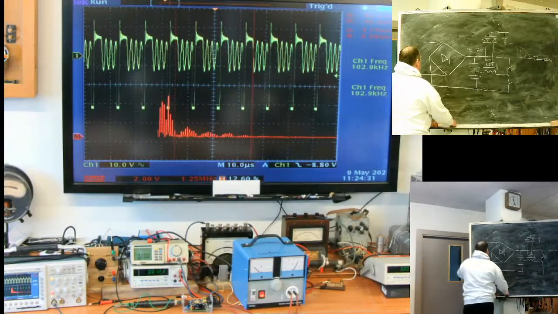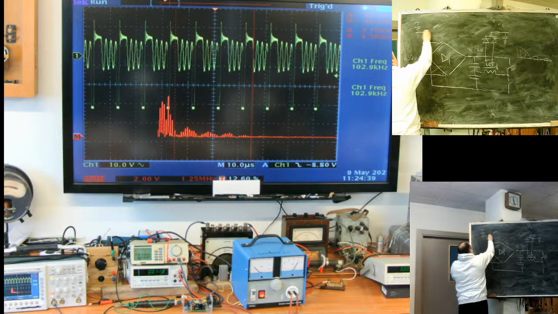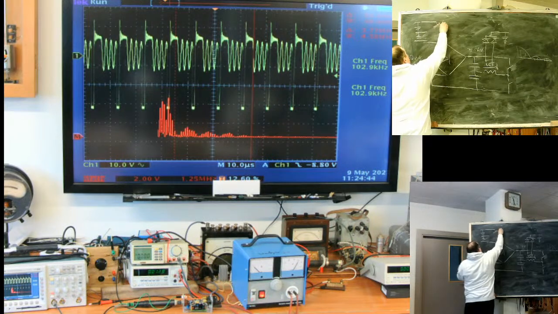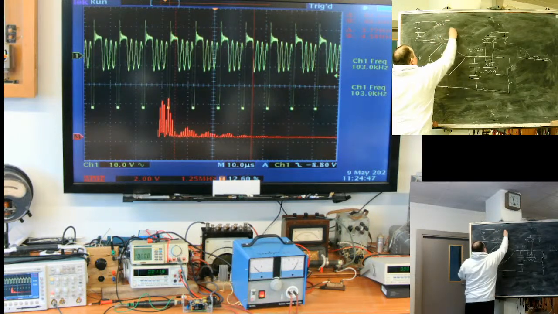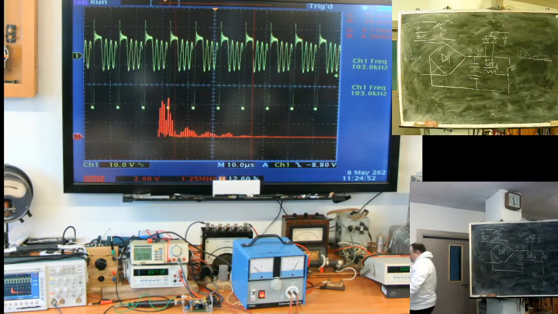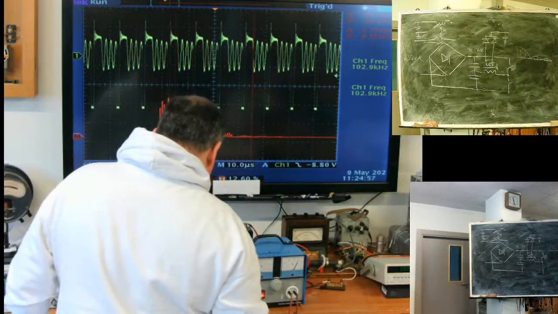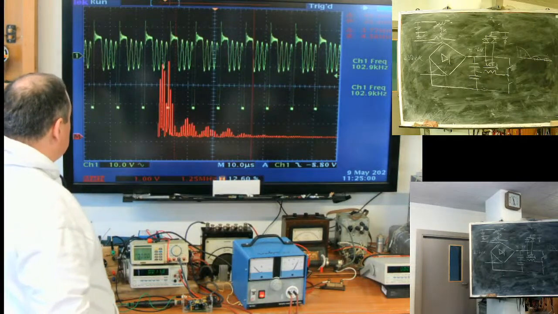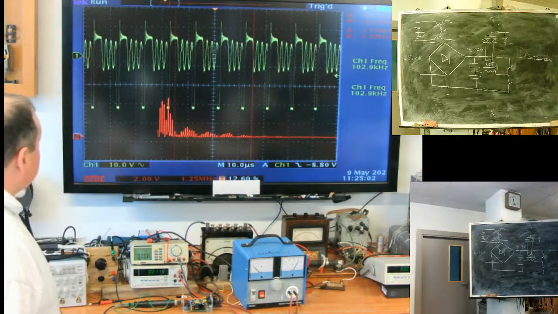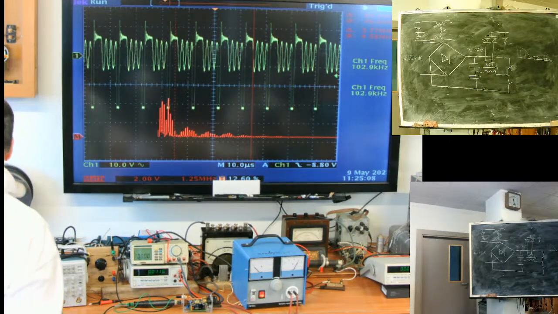Here should be a special filter, capacitance to the ground, another capacitance to the ground, but most important, to prevent noises into the network, a special coil is mandatory. Without it, you will not get acceptance for sale of your device.